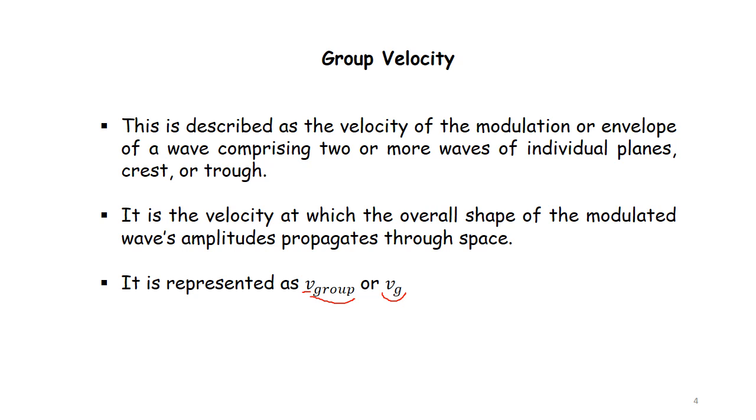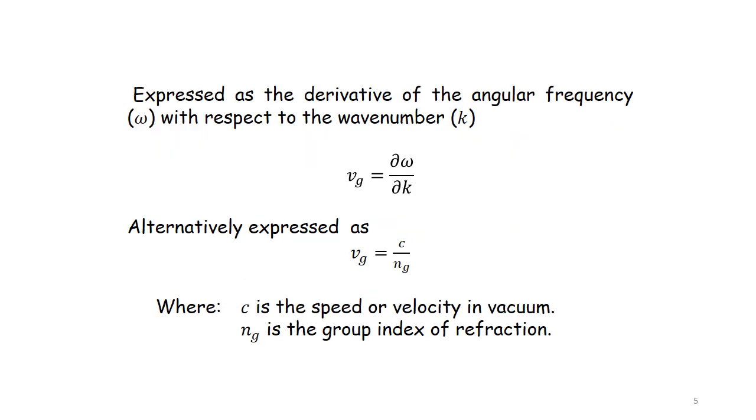You can see it as the ratio of the changes in the angular frequency of the individual waves to the wave number of the individual waves.